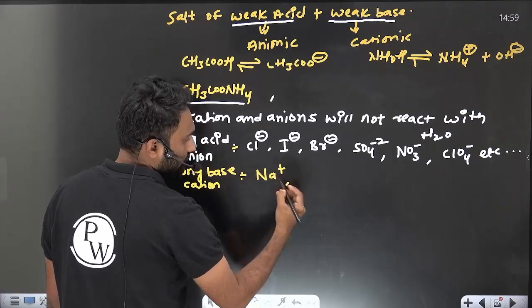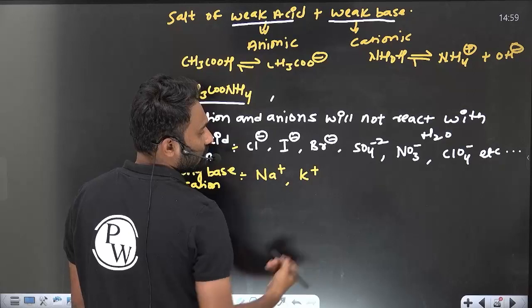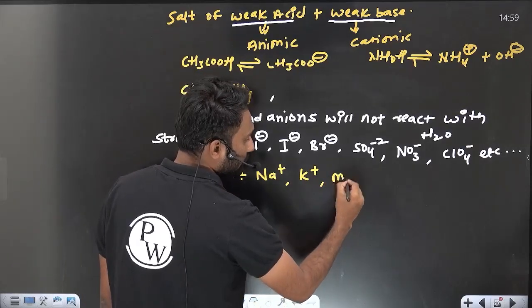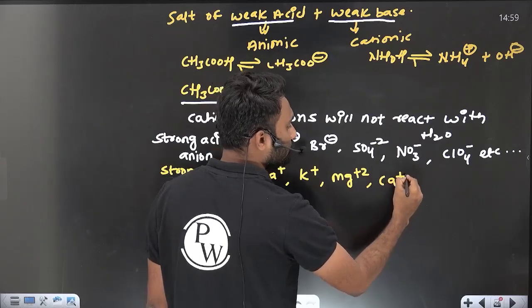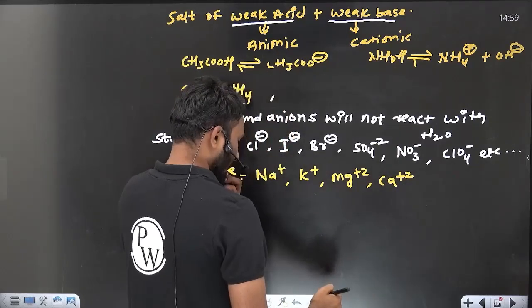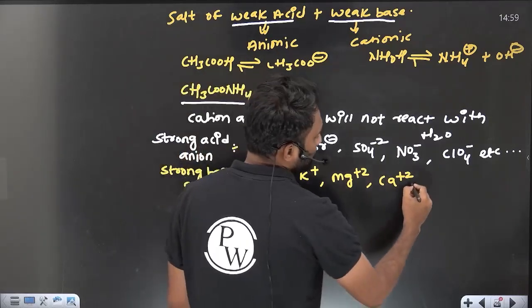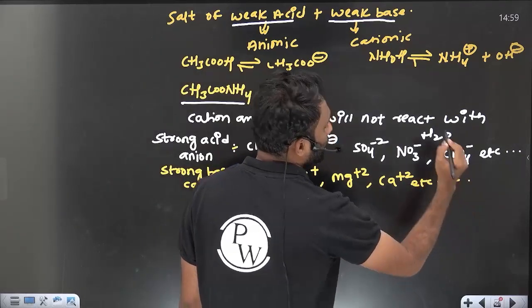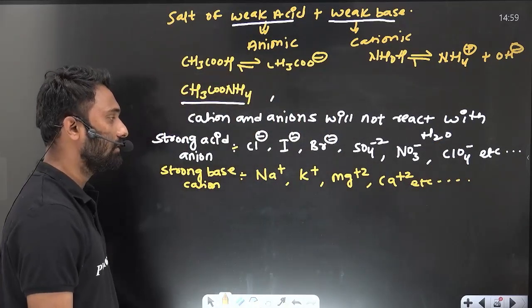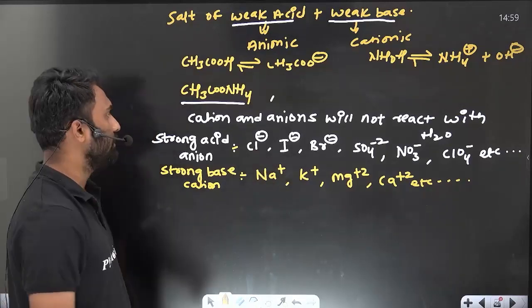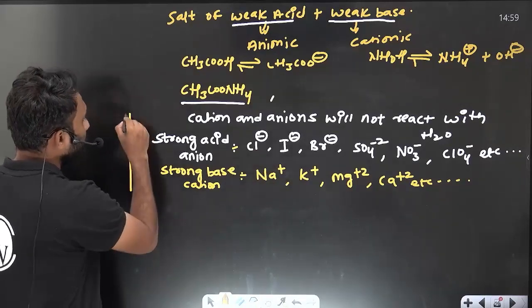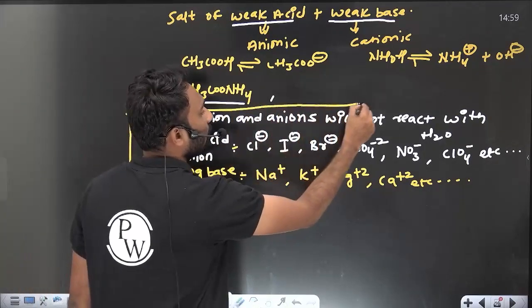Na plus, K plus, Mg plus 2, Ca plus 2, etc. Okay. Now these are the cations that will not react with water. Now these cations and anions will not react with water.